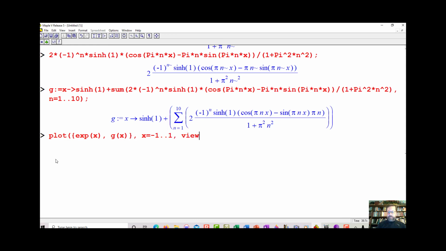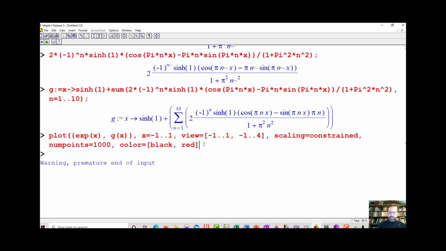Let's make the view go from -1 to 1, and the y will go from -1 to 4. Scaling is constrained. Num points equals 1,000. The colors will be black and red.